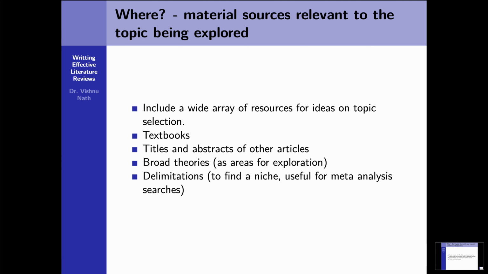And for delimitation, when I query the Scopus database or Web of Science database and I want to read only studies which deal with blockchain and supply chain management, then I'll put these in double quotes and then search them. This is known as delimitation, and this helps us to find articles which specifically deal with one topic or one type of keyword. And this only comes when you have done all the above steps.